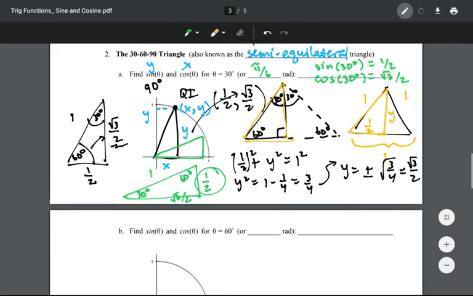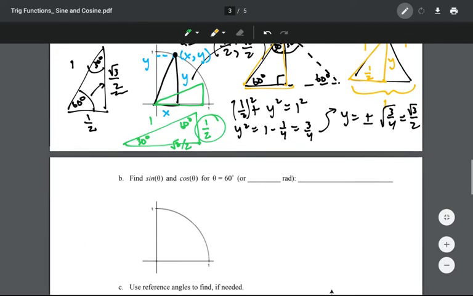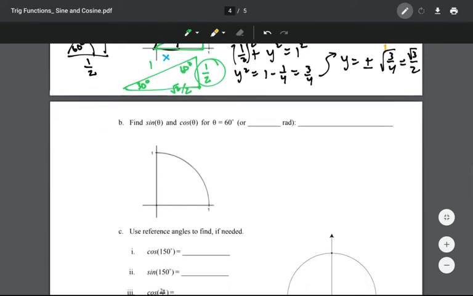I want to do the same thing now for 60 degrees. This is going to give us a chance to review what we had. I think I'm still in green. So 60 degrees goes here. So this is my taller looking triangle. So 60 is here. The side opposite the 60-degree angle is the longer side, radical 3/2. 30 degrees is right here.